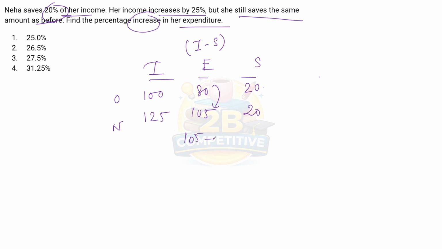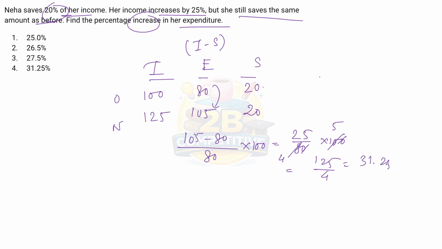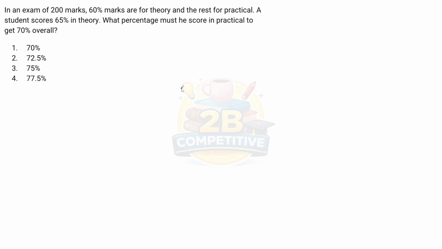So 105 minus 80 divided by 80 into 100, that is 25 by 80, 125 by 4, that is 31.25%. So in this type of question, always use this 100 income method. So you can easily get the answer with the help of this.